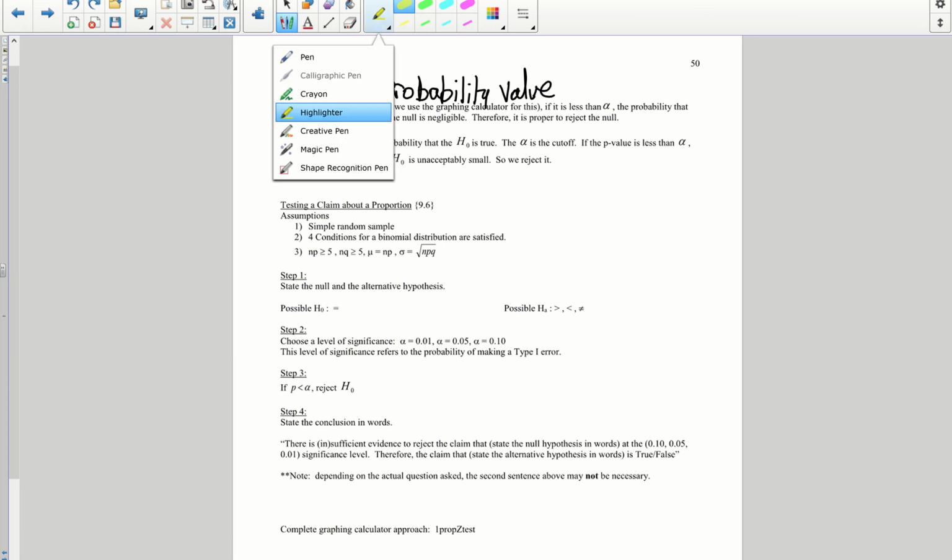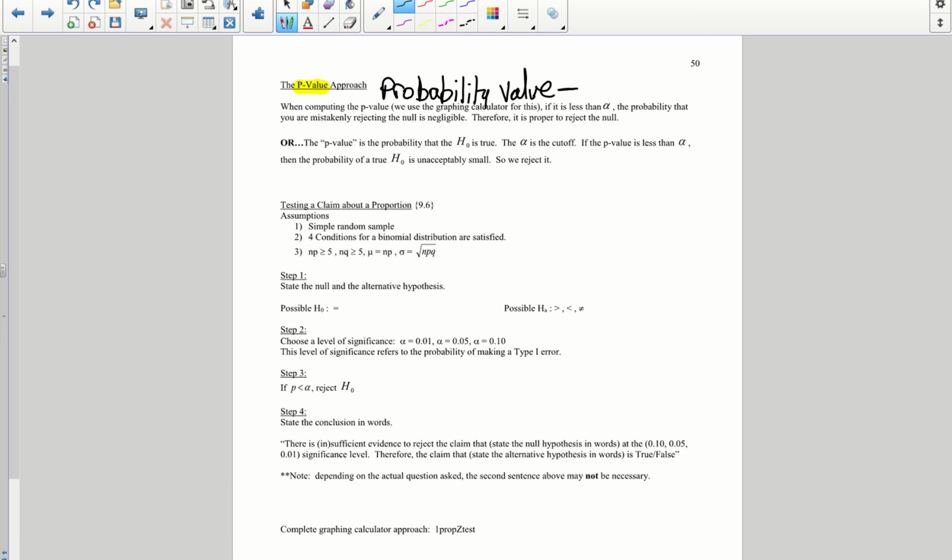All right. And so what that is, is the probability of mistakenly rejecting the null hypothesis. Probability of mistakenly rejecting the null hypothesis.